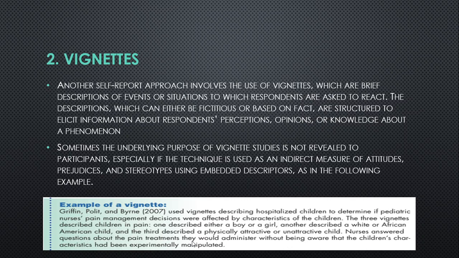The question posed to respondents after the vignette may be open-ended, for example, how would you describe this patient's level of confusion? Or it can be close-ended, like rate how confused you think this patient is on a 7-point scale. Usually 3 to 5 vignettes are included in an instrument.